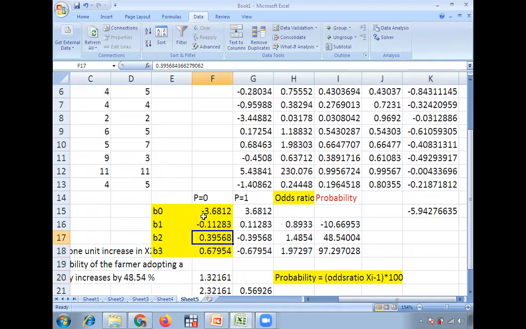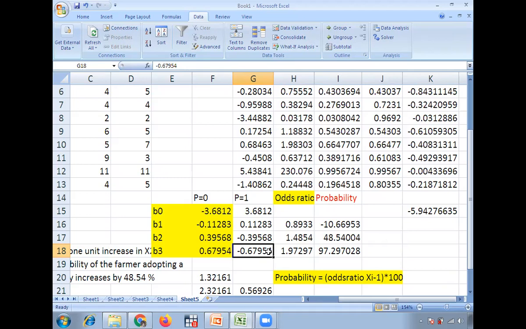As we have seen, the response is nothing but p equal to 0, so we have to change the sign. Then we could find, for example, if you are setting the x values desirably, what is the chance of the farmer adopting a technology. But here we have to see, just like in an ordinary linear regression model, what is the contribution of the independent variable to the dependent variable.